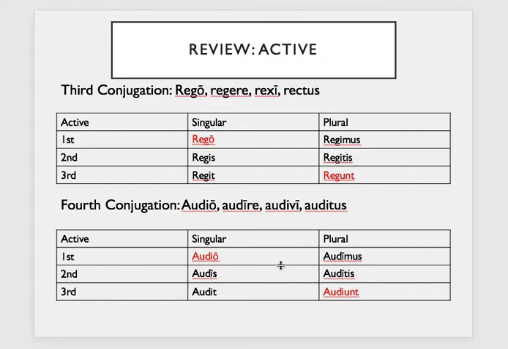Audio, audis, audimus, auditis, as opposed to rego, regis, regit, regimus, regitis. Regimus, audimus, right? So that macron piece was also slightly different. But in terms of spelling, the only differences were the first person singular and the third person plural.